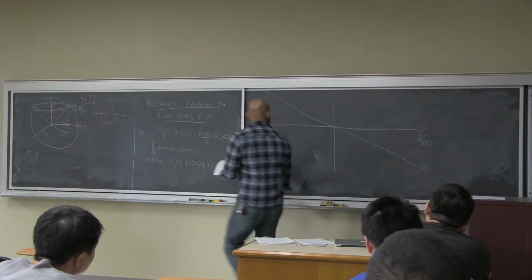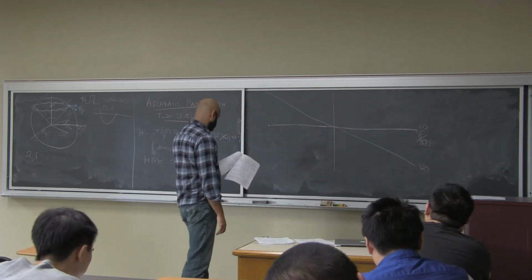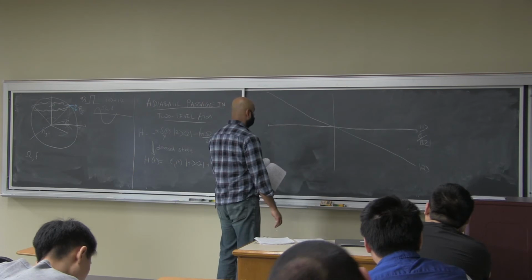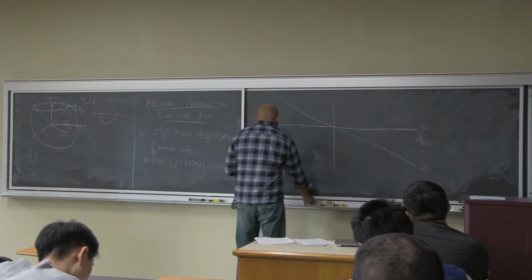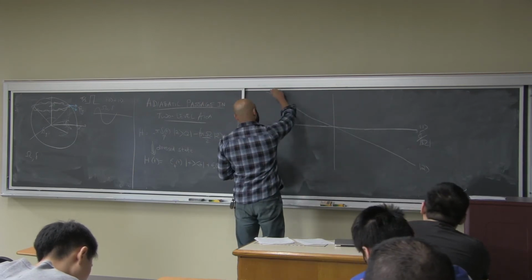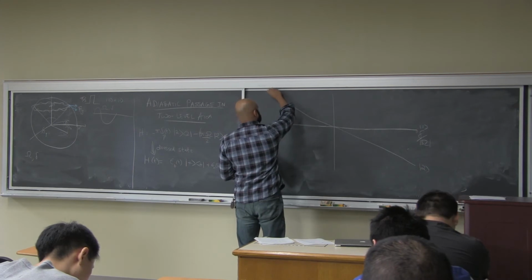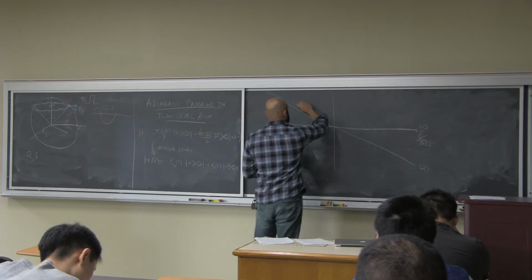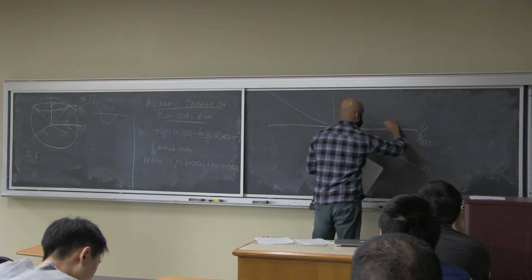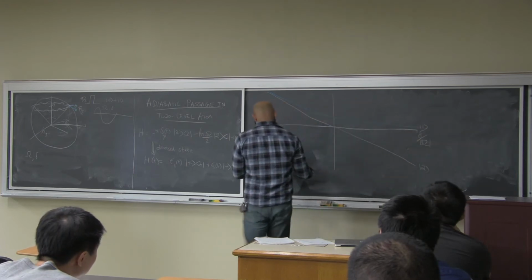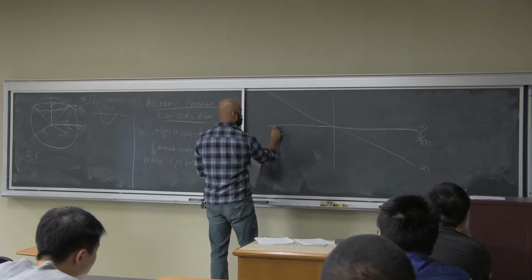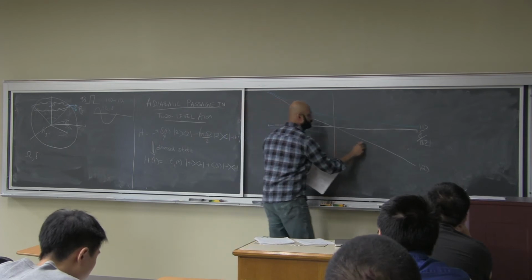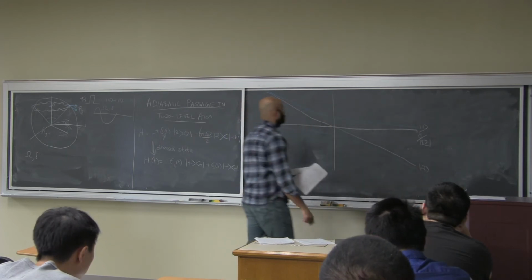Sorry, things are not very straight on the board. And then we have the dressed states. We have the plus state, which starts like that, and we have the minus state, which starts like that. Okay.